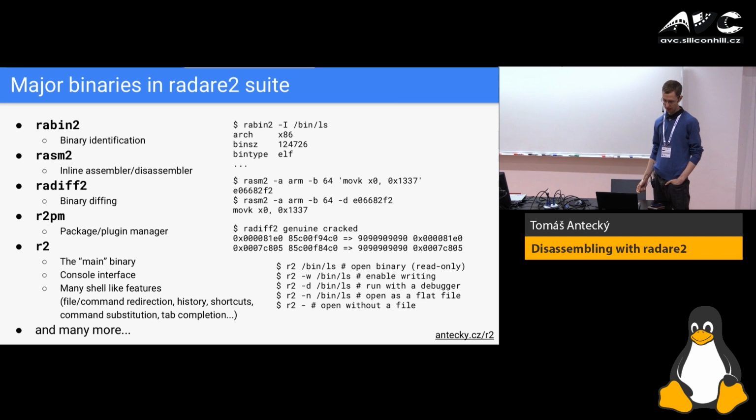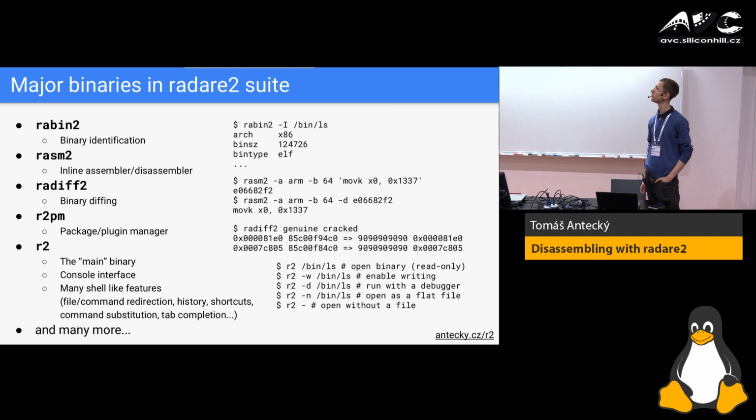On the following slide, you can see several sets of binaries that are in this suite. For example, we got tools for binary identification, binary diffing, inline assembling, and disassembling. There is also a package manager called r2pm, which can be used to install plugins into your radare2 suite and extend its functions.